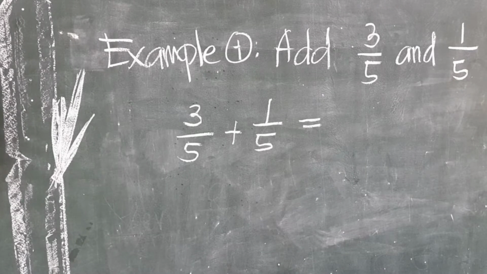Now, it's time for us to add and subtract similar fractions. Example number 1. Add 3 over 5 and 1 over 5.